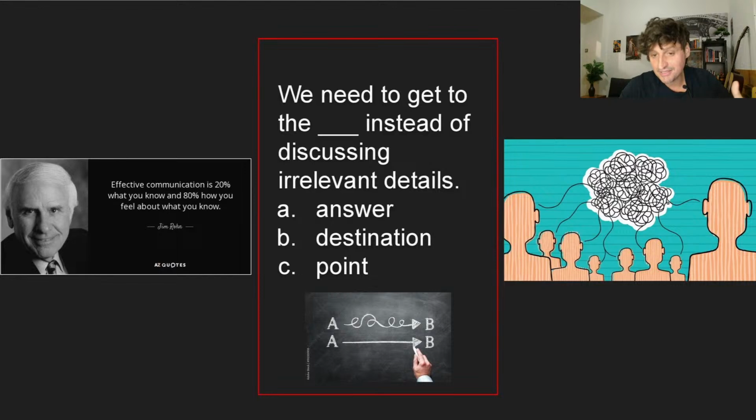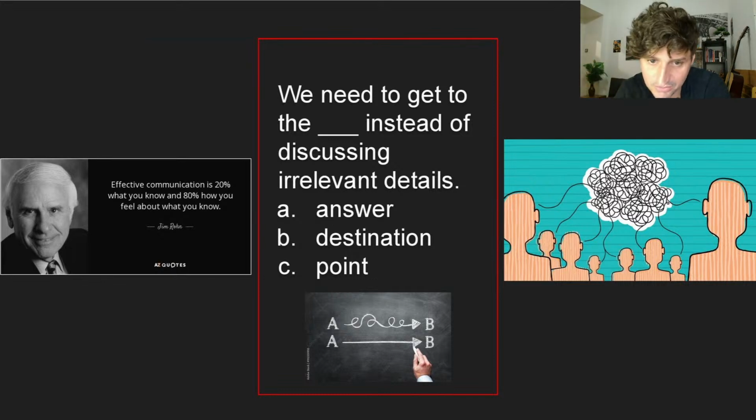But of course, sometimes you do want the details. And if it's a friend, or if it's a good story, then you don't want to say get to the point. You want to get the details. So it's important in communication to get to the point. Sometimes you can give details, sometimes it's good. Storytelling is important.